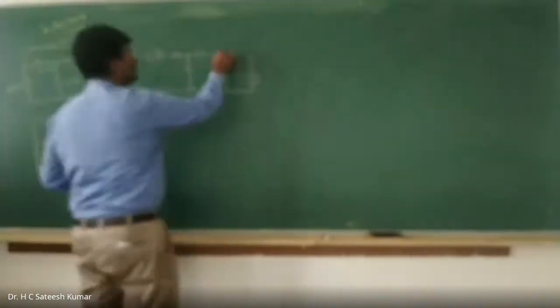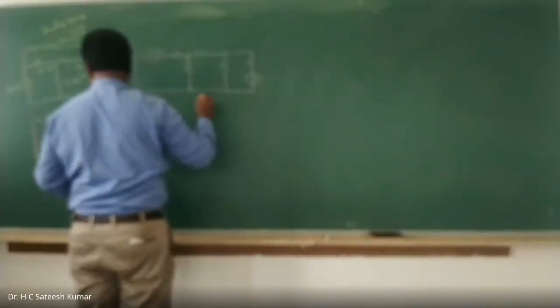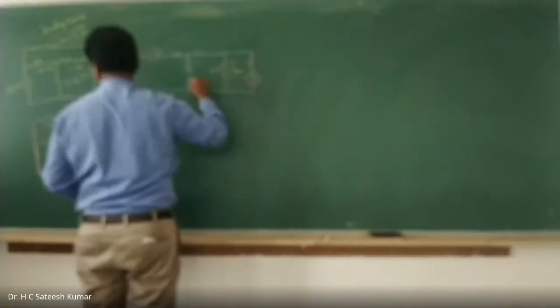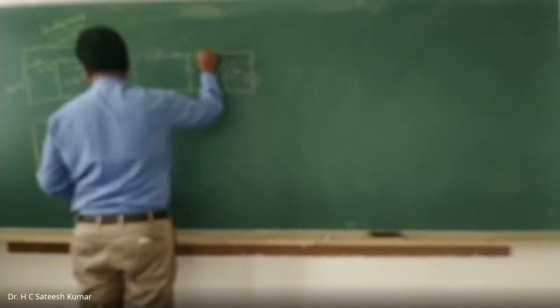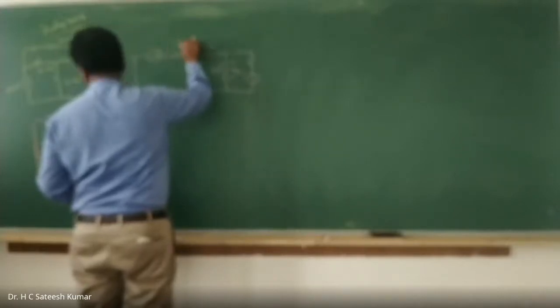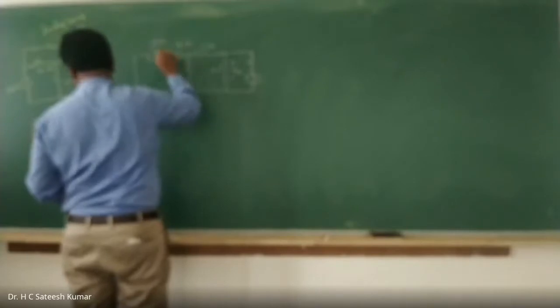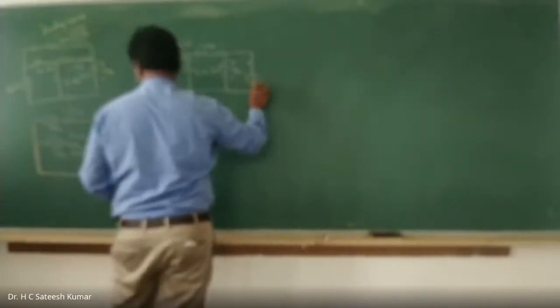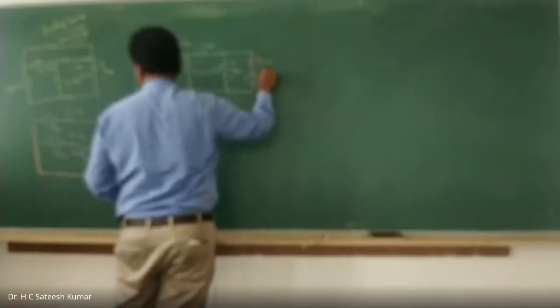So this is 6 ohms plus minus VA, and the rest you write as it is. 1 ohm, 4 ohm, 18 volts, 2 ohms, and this is 3 ohms, and this is 18 volts.